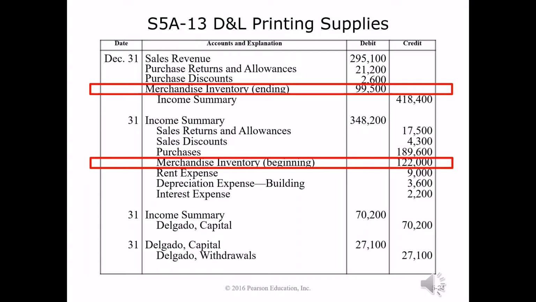It came from a physical count that the company did to identify exactly how much inventory they actually have. So with a periodic inventory method, each month the inventory is counted and we just zero out the balance and add in a new balance to identify how much there actually is.